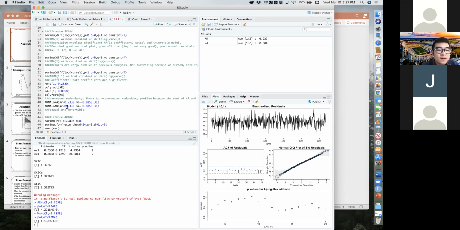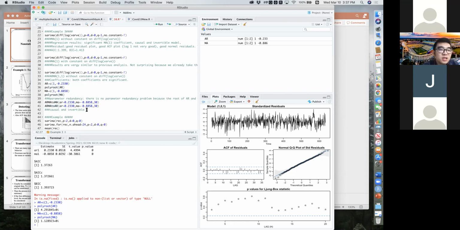You can definitely use it, but in that case you will check if the roots are larger than 1, not smaller than 1. In our class, we will just use the ARMAtoMA and ARMAtoAR commands to check the causality and the invertibility of the model.